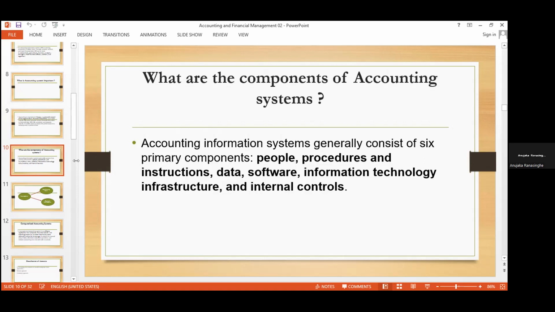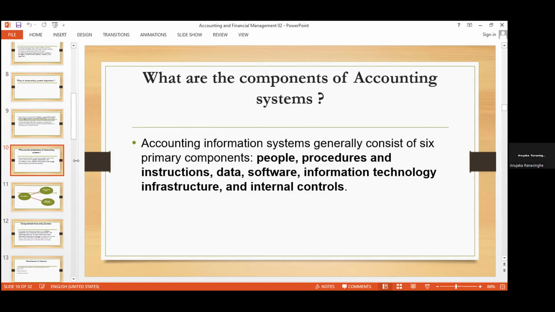Data is the day-to-day financial transactions. Software means accounting packages. Information technology structures are the same. Internal controls are given by the relevant organization, internal guidelines, maintained by the related division, and controlled and reviewed by the internal audit department, the HR department, and related departments in the company.